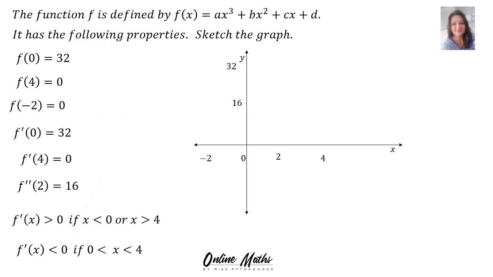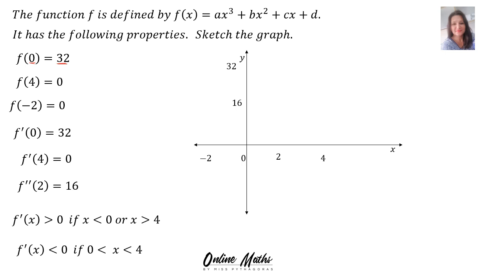Now here's another one. The function f is defined by f of x is equal to ax cubed plus bx squared plus cx plus d. It has the following properties, and we have to sketch the graph. Now let's see. If f of 0 equals 32, this means the x is 0 and the y is 32.